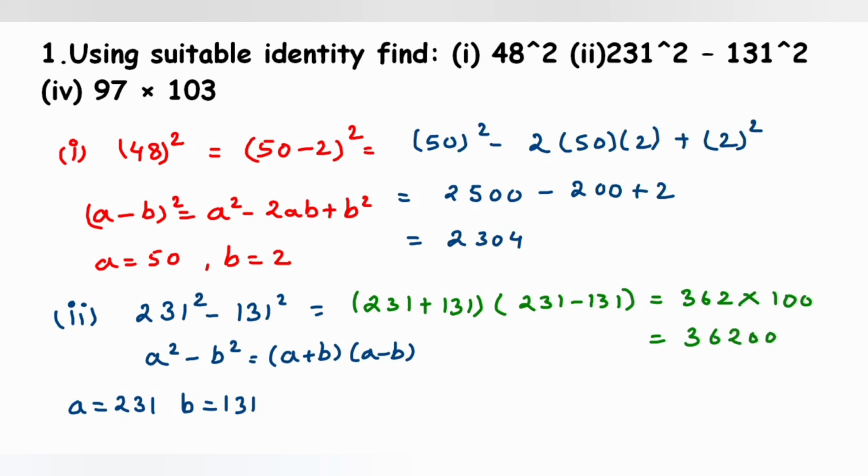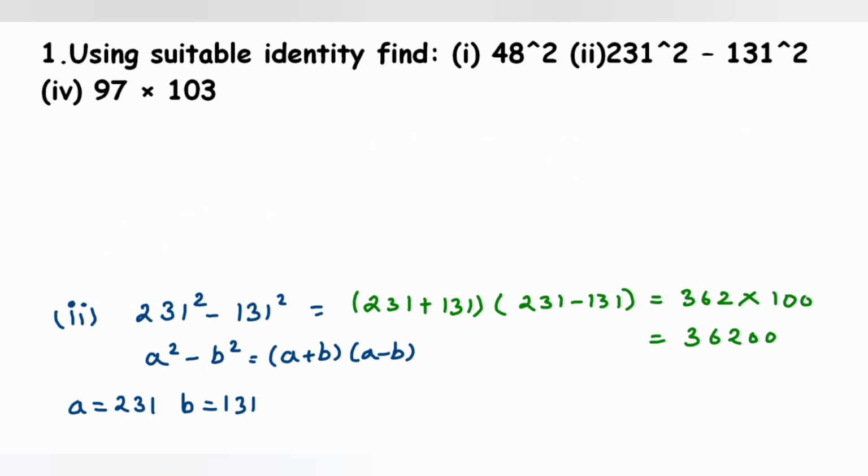Now the third one. So this is the third question, not the fourth one. In this question we have 97 multiplied by 103. So we can write 97 as 100 minus 3 and 103 as 100 plus 3, right? So it's like (a minus b) into (a plus b).